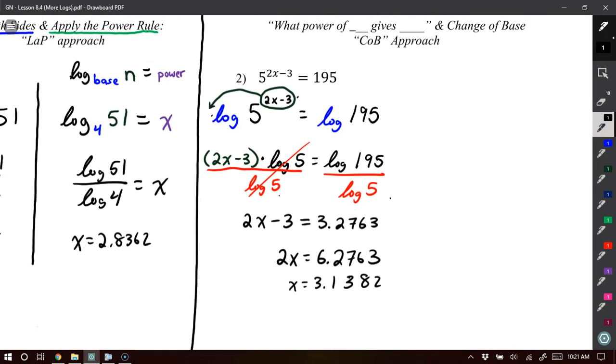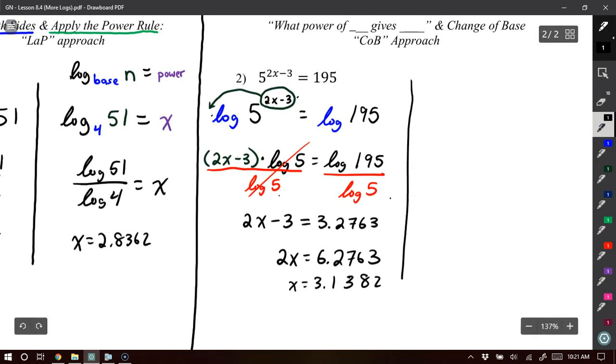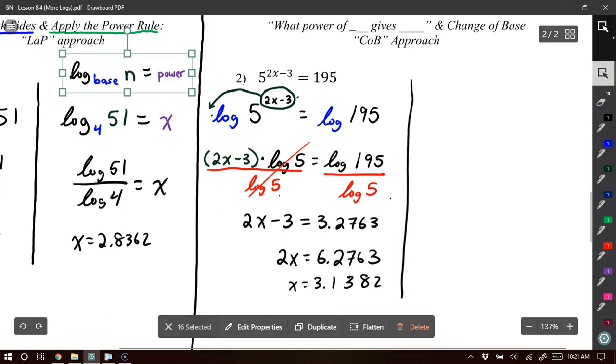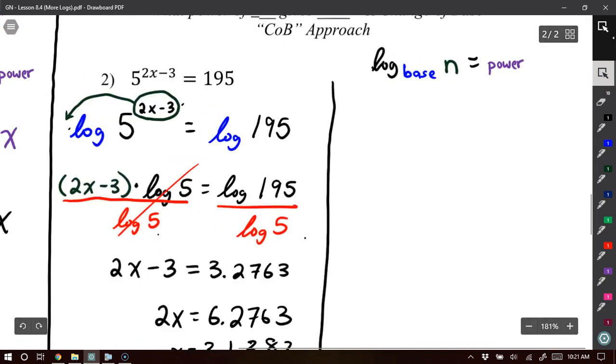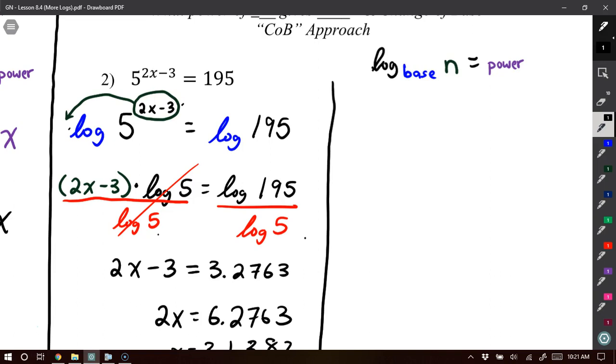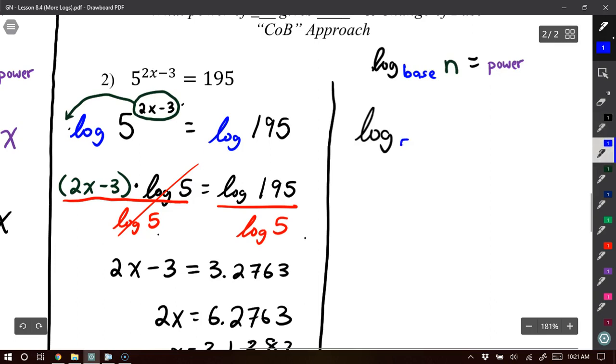If you love concepts like I do, you're going to use the COB approach, the change of base approach, which is really going to be the question: what power of blank gives you blank? I mean, I love the fact that this is the original thing we learned with logs. It goes back to what we know. I'm going to ask, what power of 5 gives me 195?